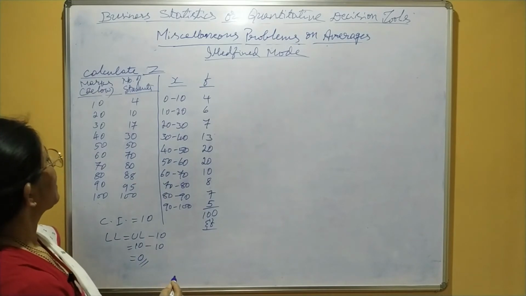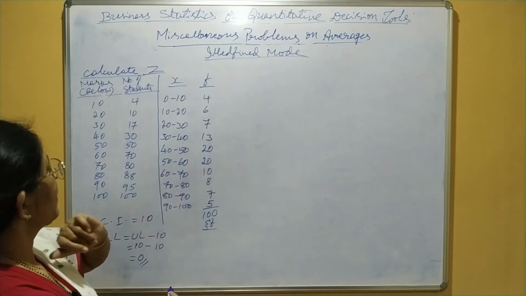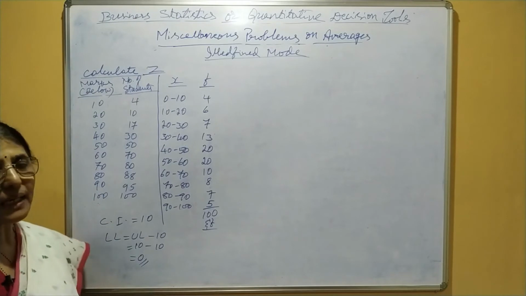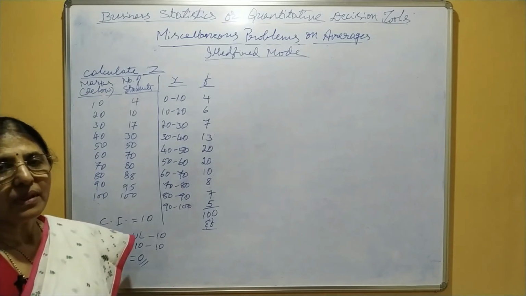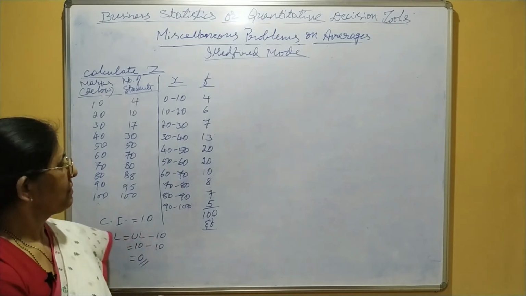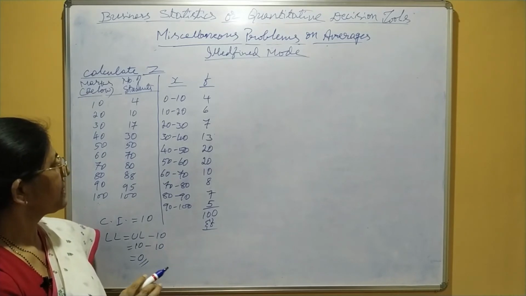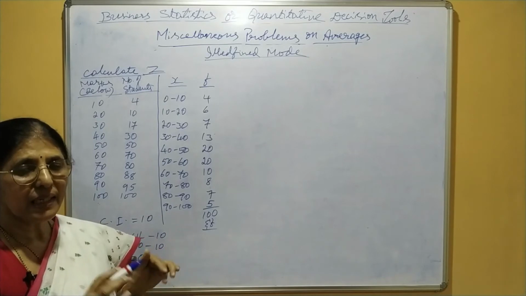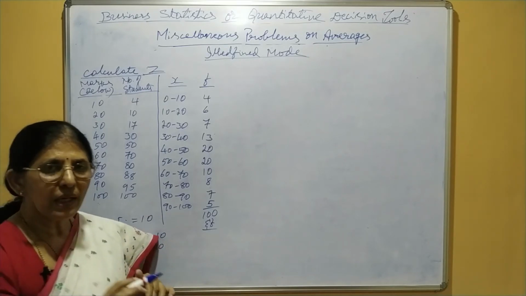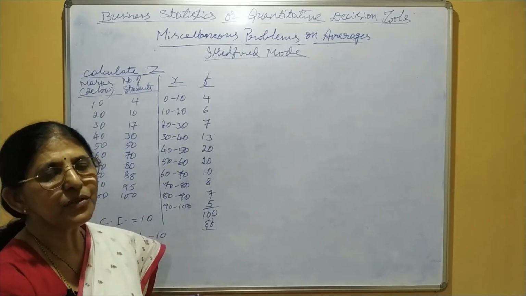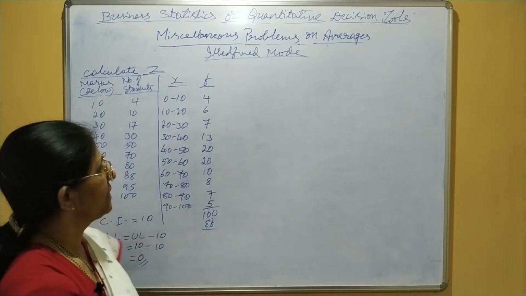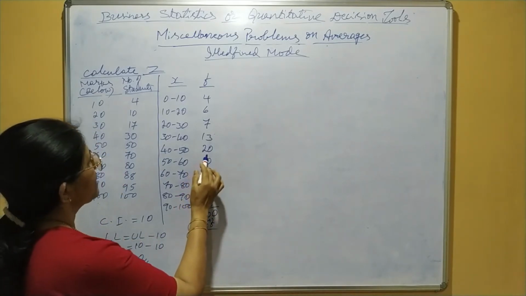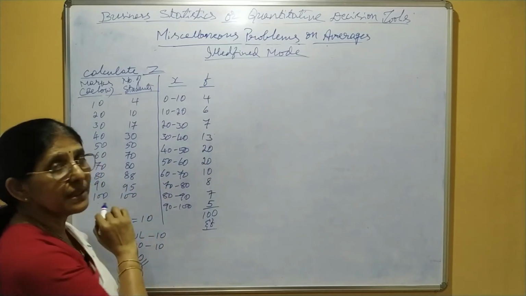Okay. Now, next what we have to do? Here it is asked to calculate mode. To calculate mode, what is the first step? We have to take the modal class, and it is known to you, modal class occurs corresponding to the highest frequency. Now if you observe, highest frequency is how much? 20.